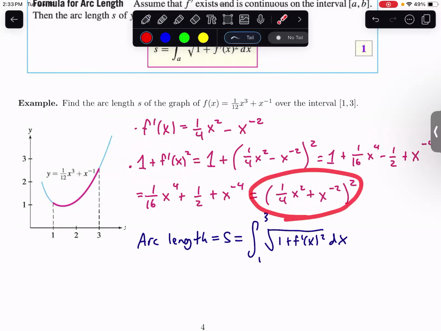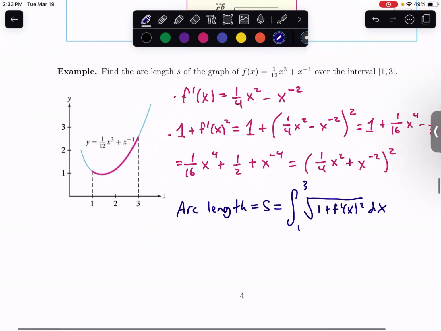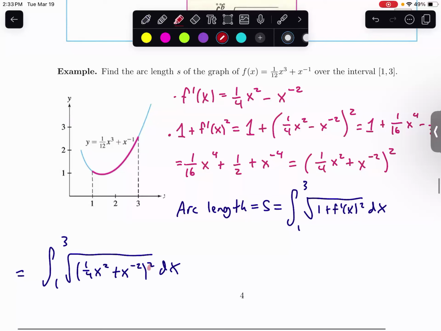That was this 1 over 4 x squared plus x to the minus 2, all squared. And so this is going to be equal to the integral from 1 to 3 of the square root of this 1 over 4 x squared plus x to the minus 2 squared dx. So what's nice, as I said before, is the square and the square root cancel out with one another. And so we get a nice integral to work with.